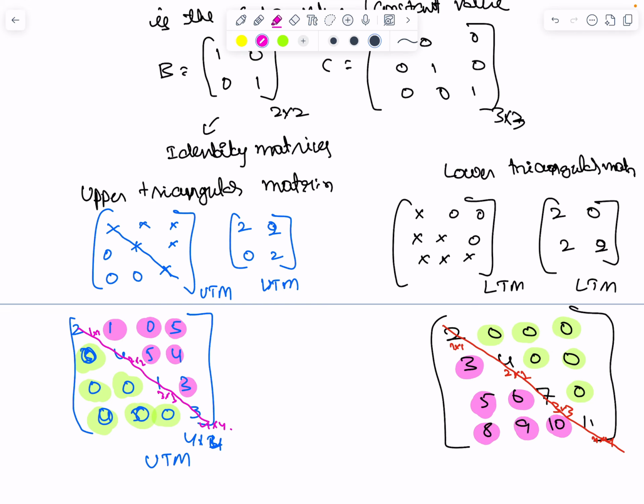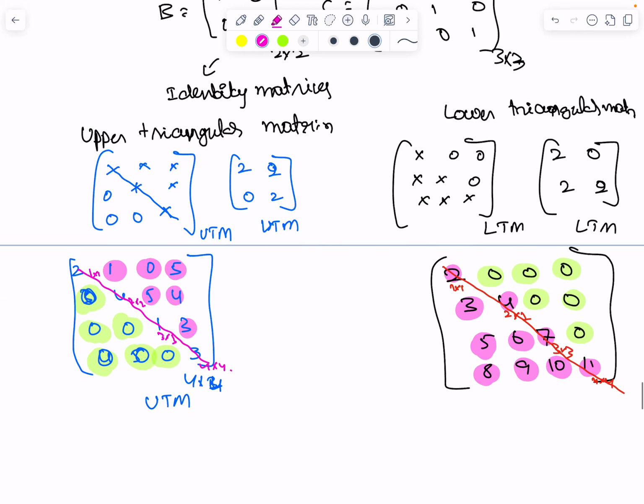Sometimes one entry is enough, and above the main diagonal must be 0. Then you call it a lower triangular matrix.